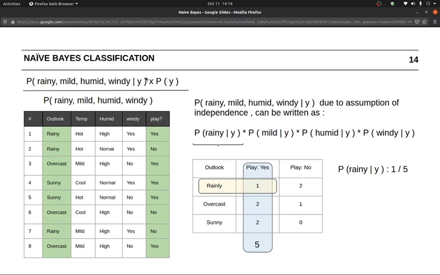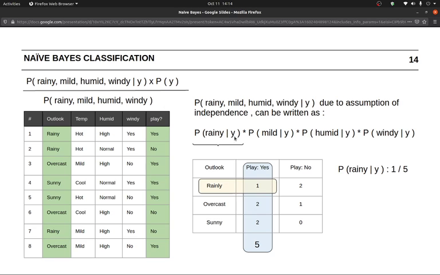Because again we bring in our assumption of all the features being independent, I can break this term down as multiplication of probability of a day being rainy given we play times probability of the day temperature being mild given we play, probability of the day being highly humid given we play times probability of the day being windy given we play. Now let's calculate each of these terms and finally arrive at our answer.